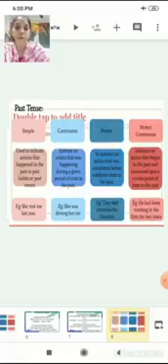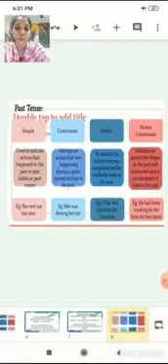Past perfect tense indicates an action that was completed before a definite time in the past. Now here, past perfect tense indicates an action that was completed before a definite, a fixed time in the past. For example, they had attended the function.